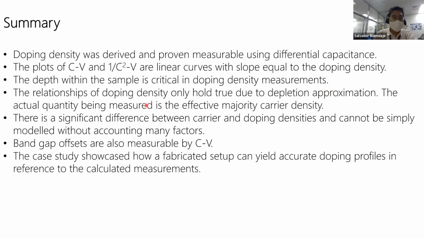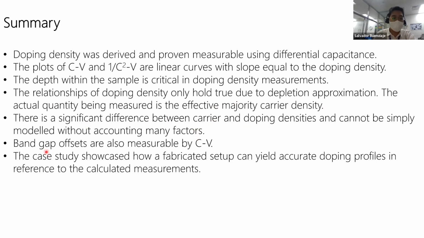And what we actually measure is the majority carrier density. There is a really significant difference between carrier and doping densities, and it cannot be modeled without accounting for many factors. So I have enumerated some of the common problems encountered when calculating the deviation between these two quantities.